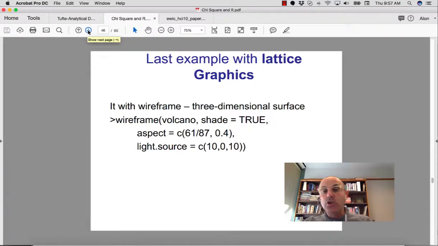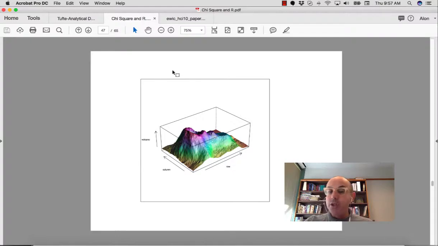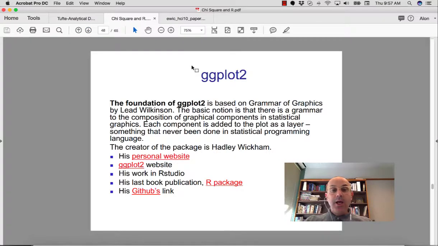I'm using a light source, which is a vector of 10, 0, and 10, and I'm putting it into dimension in order to apply that. So is that good enough? Yes, but it's not simple enough.